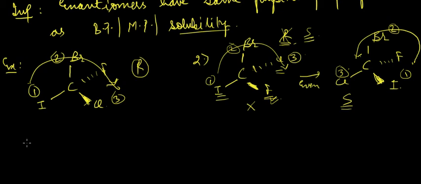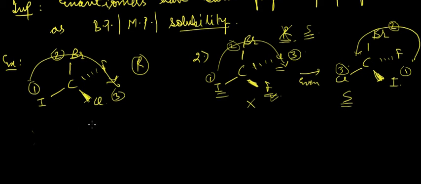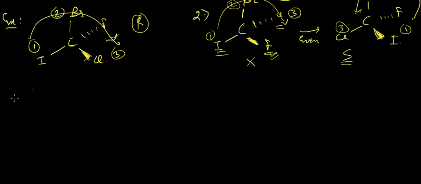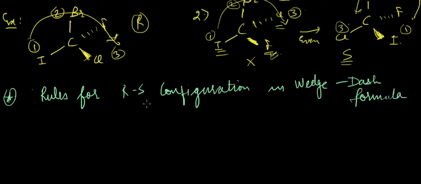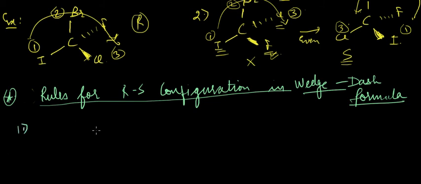Okay, so let us first discuss the rules before going to the next topics. So the rules for RS configuration in dash formula. First, groups around the chiral center are arranged in their order of priority.